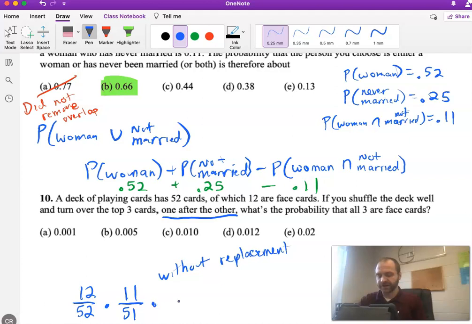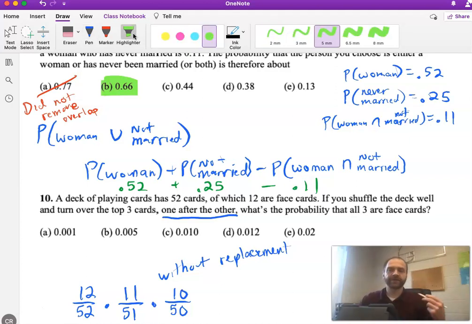I turn over the next one, so it's going to be 10 out of 50, because now there are only 50 cards in the deck. Therefore, I take 12 times 11 times 10, divide by 52 times 51 times 50, and I get something close to 0.0099. If I do the multiplication, I'm going to get that answer.